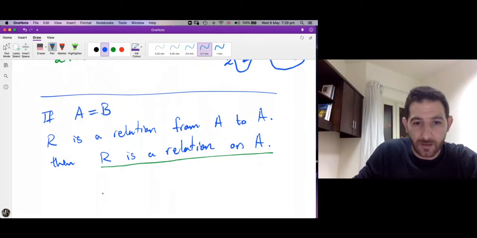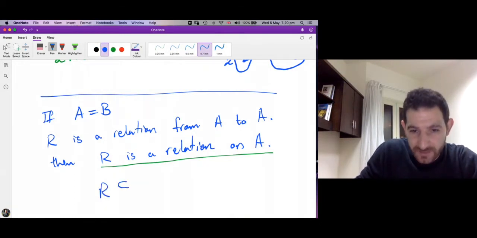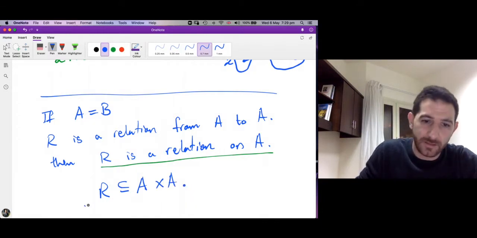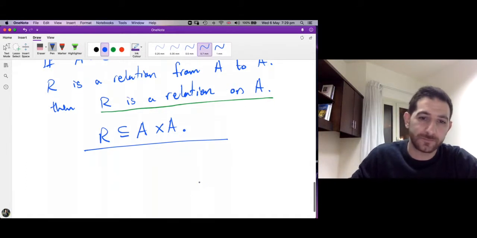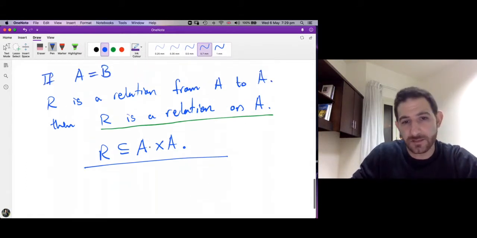It means that R is a subset of A cross A. So R is a subset of the Cartesian product of A with itself. When this is the case, we just say R is a relation on the set A.